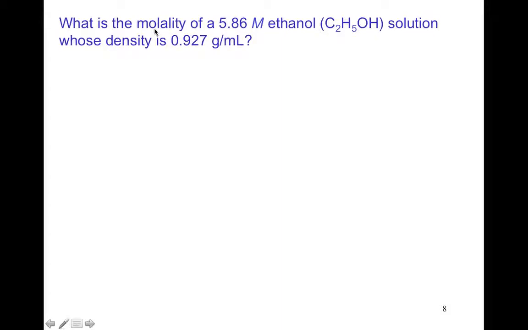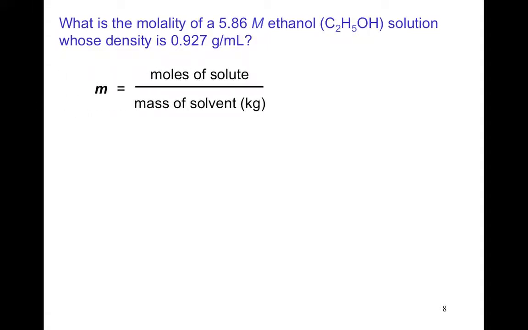That's little m of a 5.86 molar ethanol solution whose density is 0.927 grams per milliliter. So to solve this problem, we've got to get moles of ethanol divided by kilograms solvent.